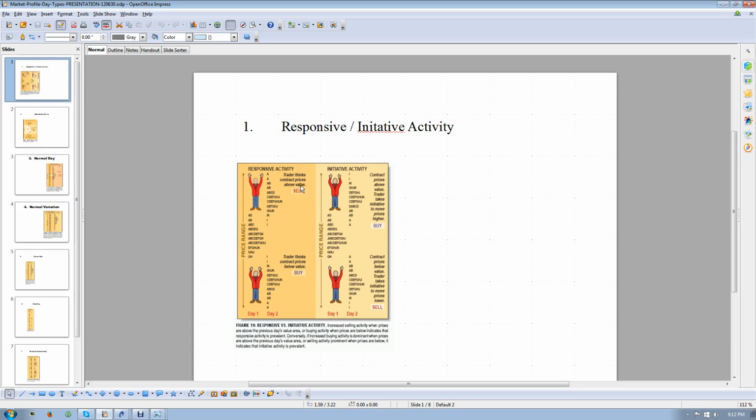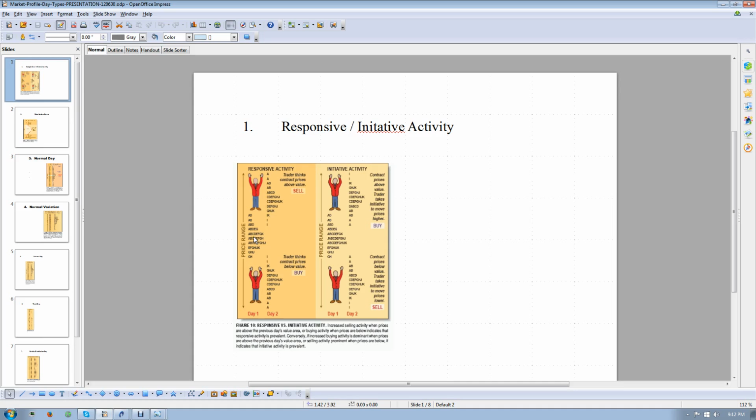And it says here that traders think the prices are too high above value, so as the market opens up in what could be higher value, it just sells off and tries to get back into the prior day's value area. And same here. Note the A period.